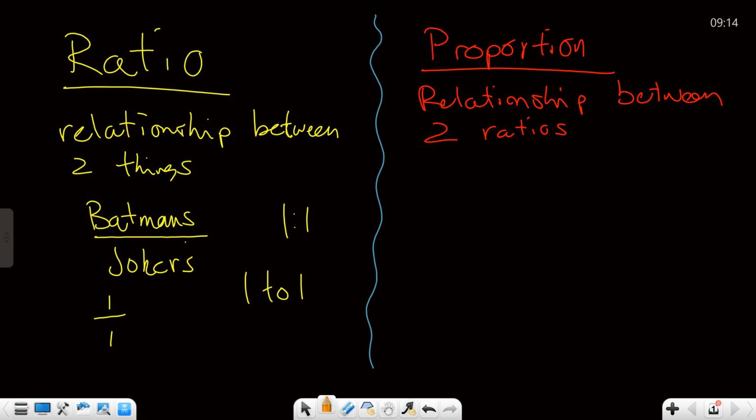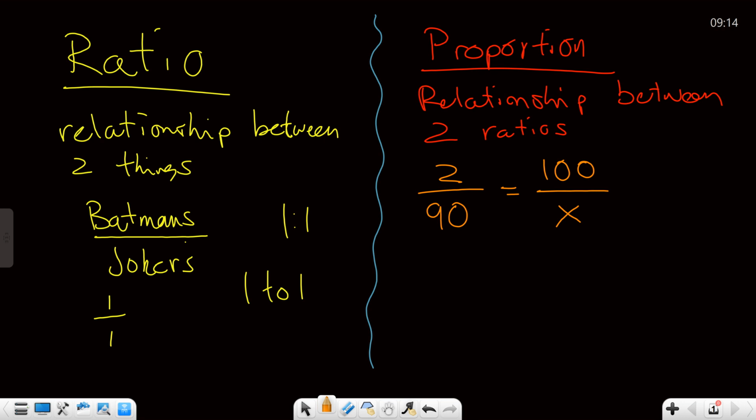For example, if 2 Taylor Swift tickets cost $90, how much do 100 Taylor Swift tickets cost? Go ahead, solve that. 4,500.